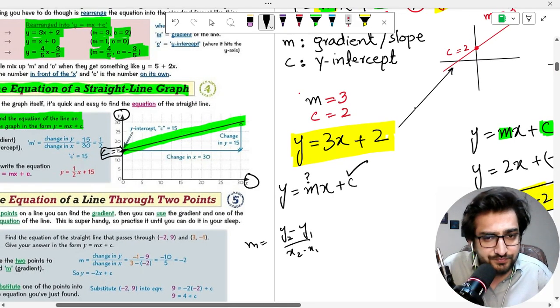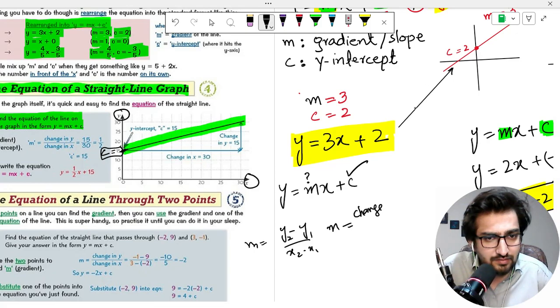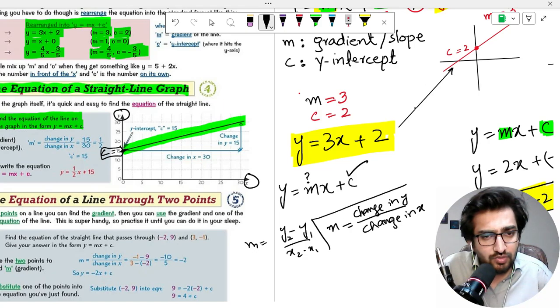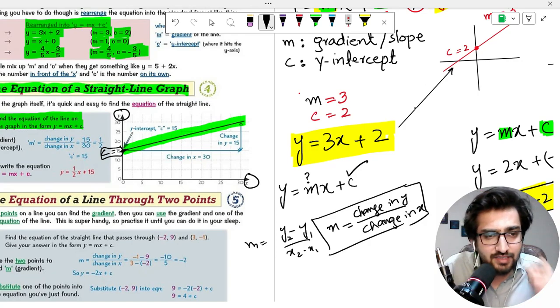That was change in y divided by change in x. Now why are we using this formula? Because points are not clearly given in this format.